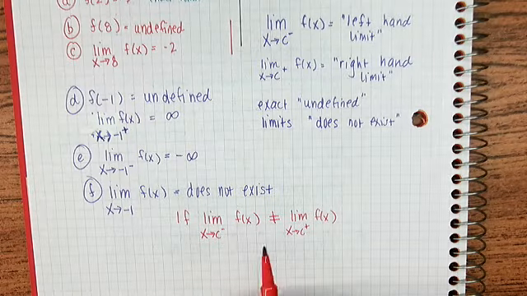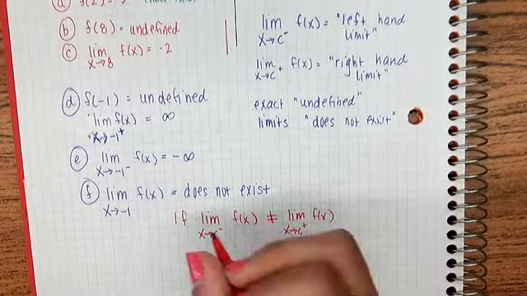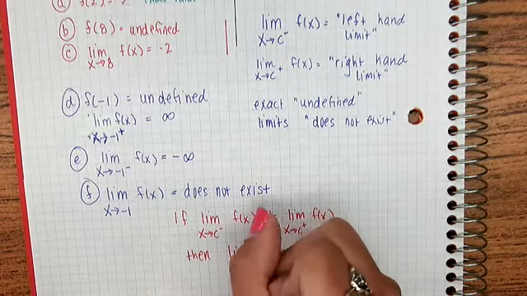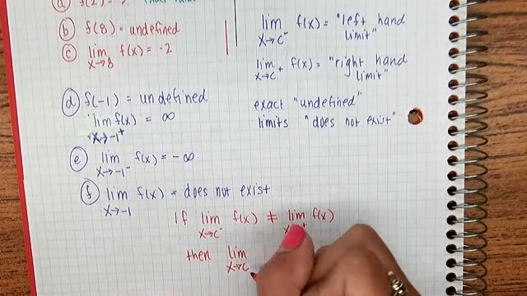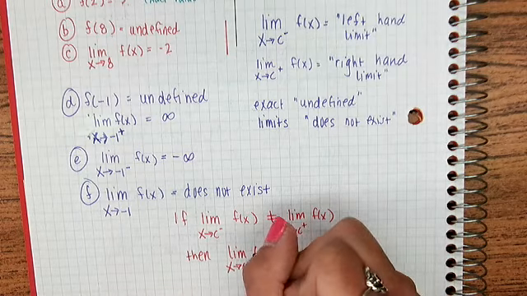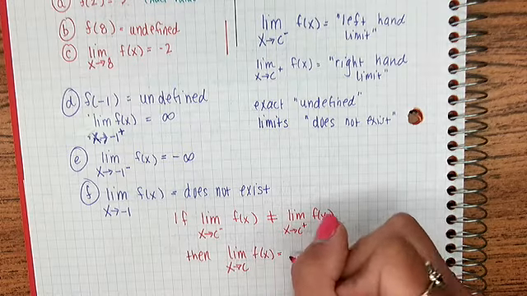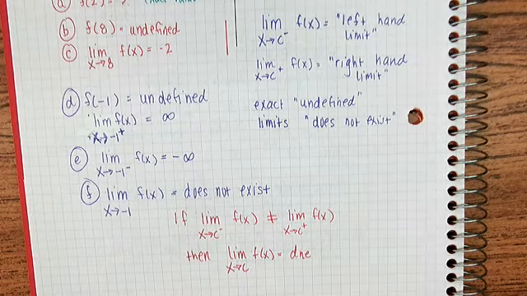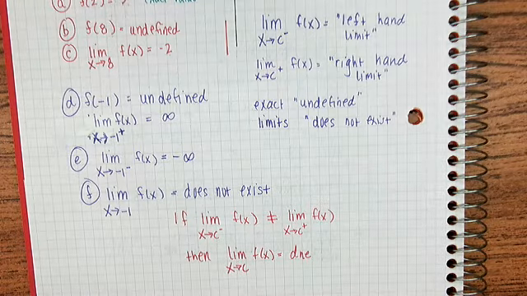If the left doesn't equal the right, oh, it's an if-then statement, then the overall limit does not exist. And lots of times we'll just use DNE, does not exist. Mathematicians were lazy. We like to have abbreviations for everything.